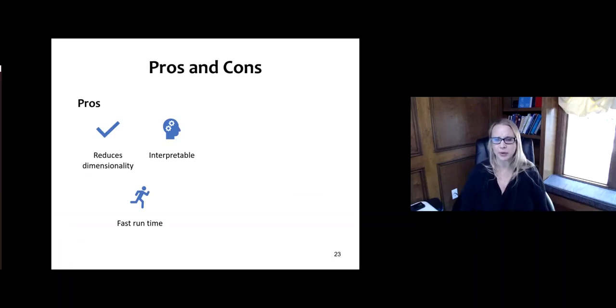So let's talk about the pros and cons here. The pros are that it reduces dimensionality, which again is one of the intents. It's interpretable, meaning that for each of its principal components, you can see the loadings and what is contributing towards the principal component. So as we saw earlier in the very first visual, we talked about how one of them was credit quality in the first few variables. And then we looked at the loadings.